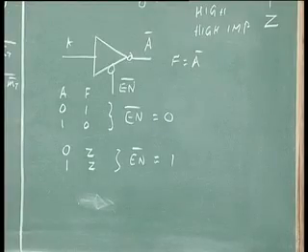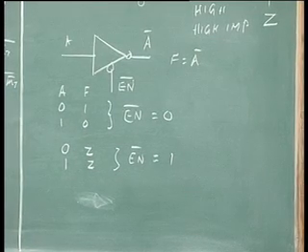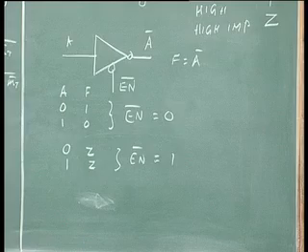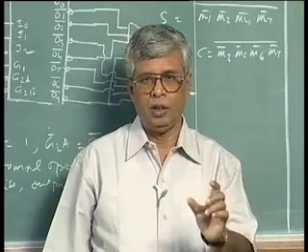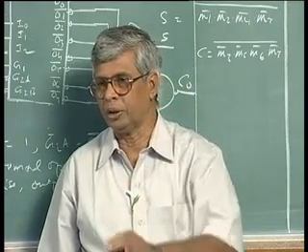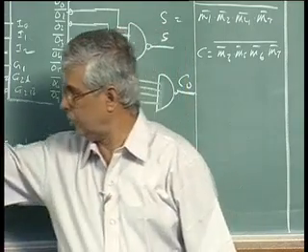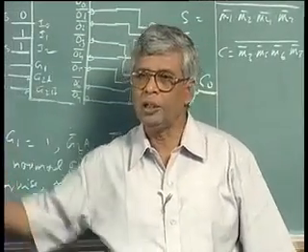You can have an AND gate with an enable, in principle, though it may or may not be available as a component. If enable is low, the AND gate works as an AND gate. If enable is high, whatever inputs you give, it does not give you the AND output, it gives you a high impedance output. That is what I said just now about the decoder. It can also be in an encoder, in a multiplexer, anywhere.